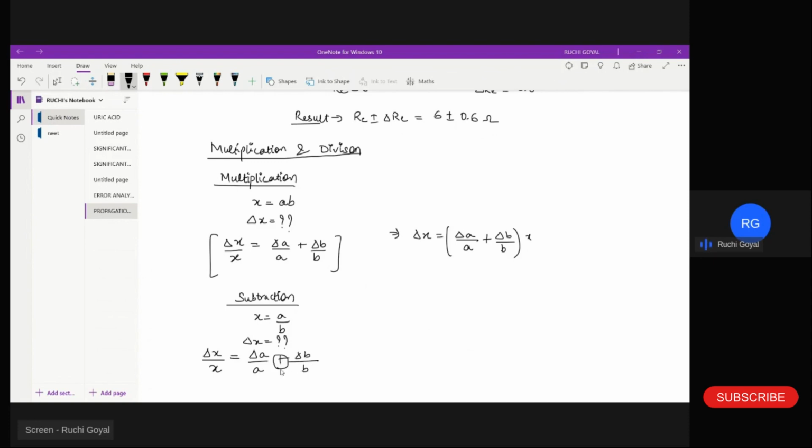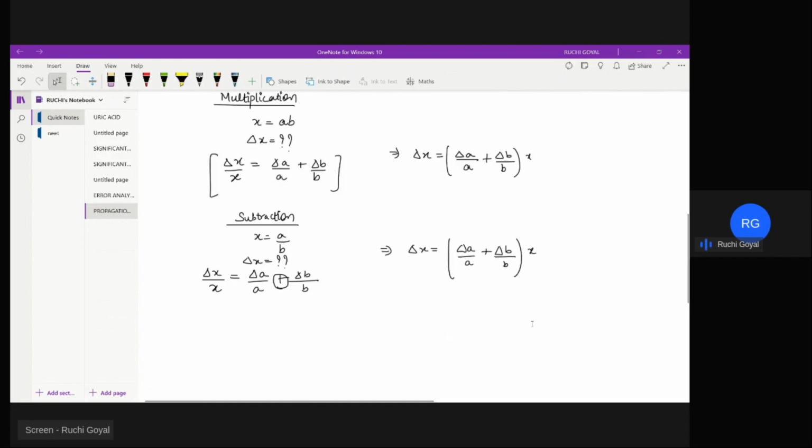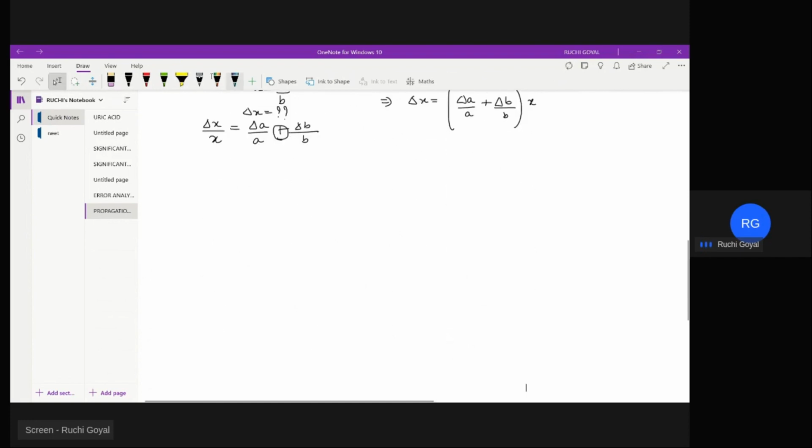Plus is used because errors are always added, as I told you. So delta x will be what? The same: delta a by a plus delta b by b, multiplied by x. Correct? Yes.